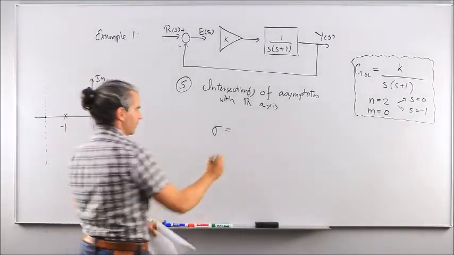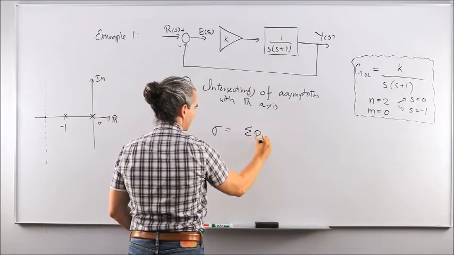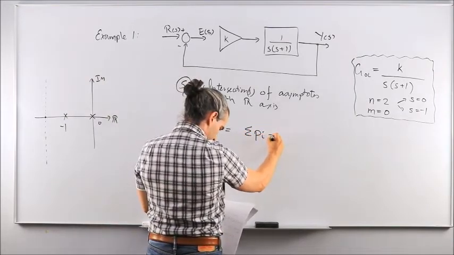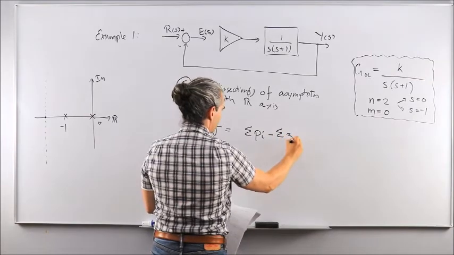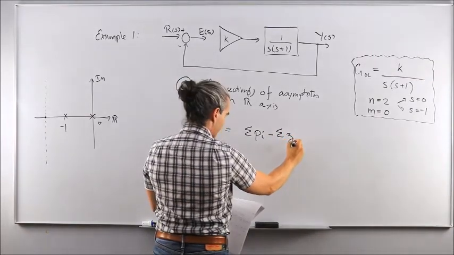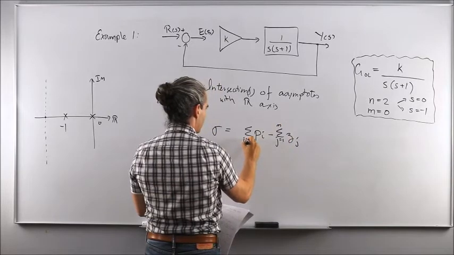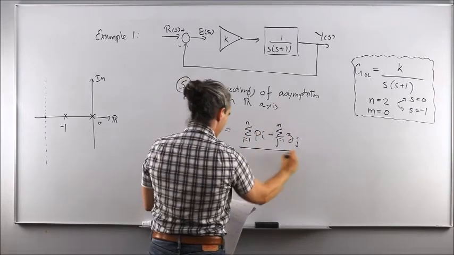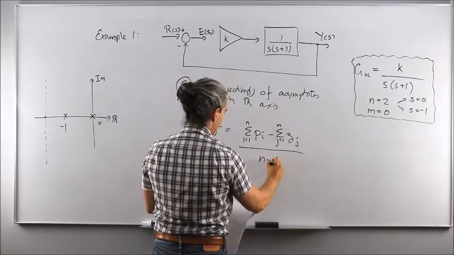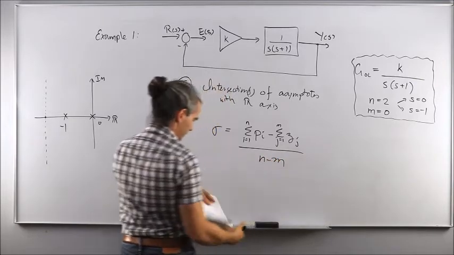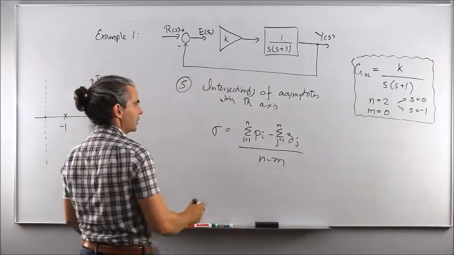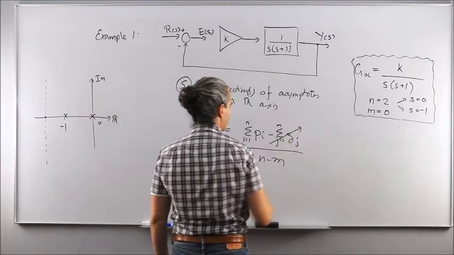We're summing all the poles minus all the zeros, j equal 1 to m, and the poles i equal 1 to n, divided by n minus m. Okay? In our case, we don't have any zeros, so that's easy.